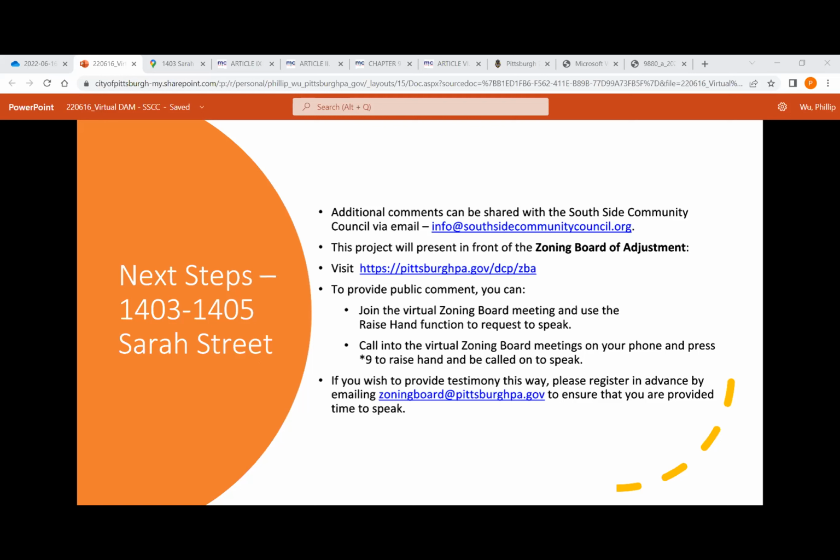Basically, they request people email them to get on the live testimony list and then testify live. I think you could still also probably send material to the zoning board at pittsburghpa.gov. But to ensure you definitely get confirmed a spot and get heard, email them to get on their live testimony list and actually attend the meeting virtually and raise your hand to speak.